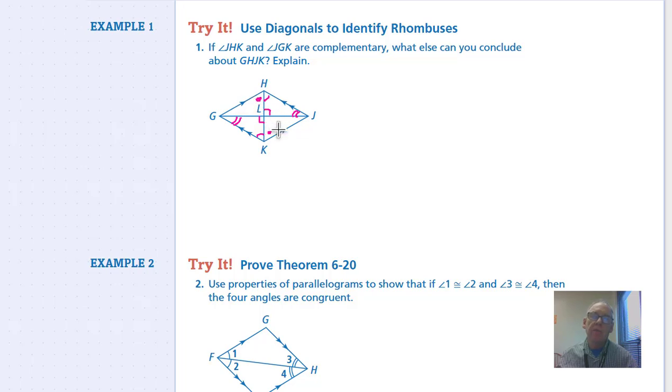So these triangles are going to be congruent by side angle side in pairs. And if they're congruent, we've got opposite sides congruent. So we can conclude that opposite sides are congruent because of corresponding parts of congruent triangles being congruent.